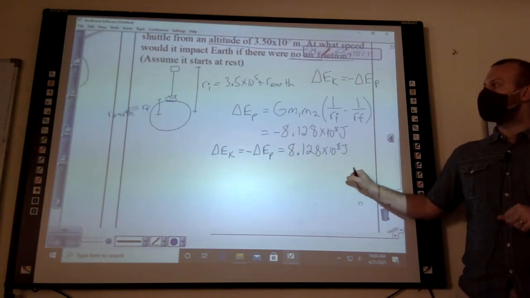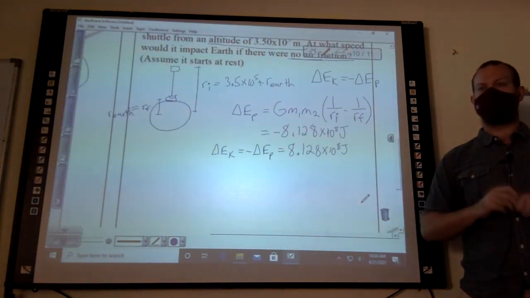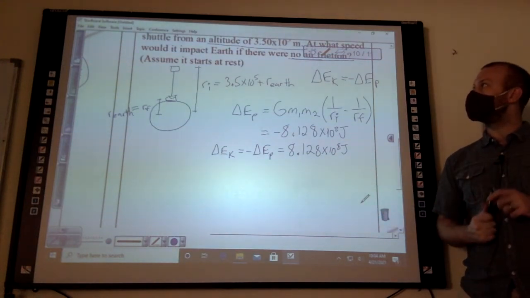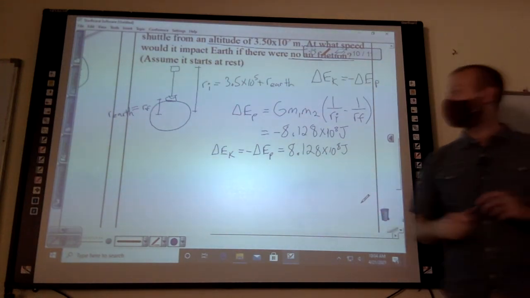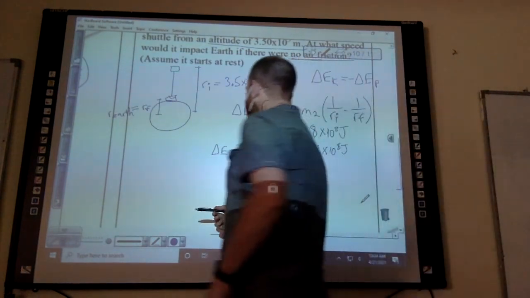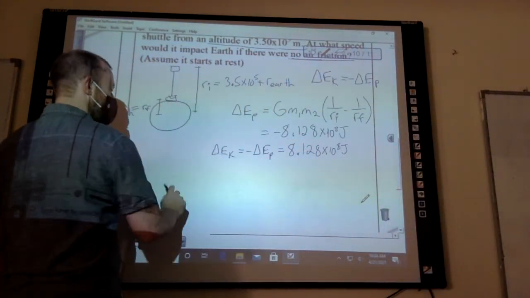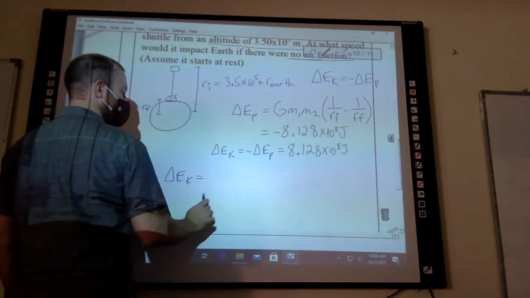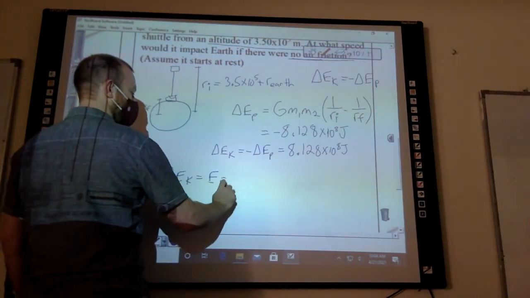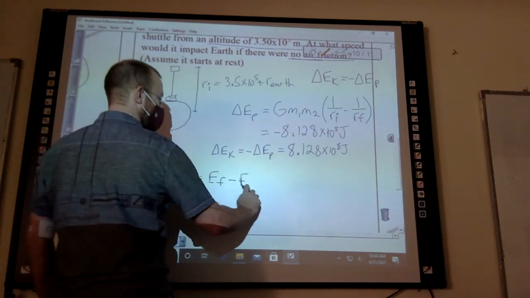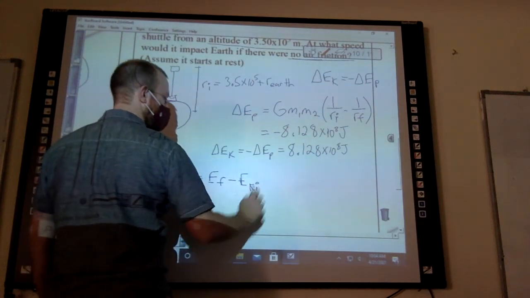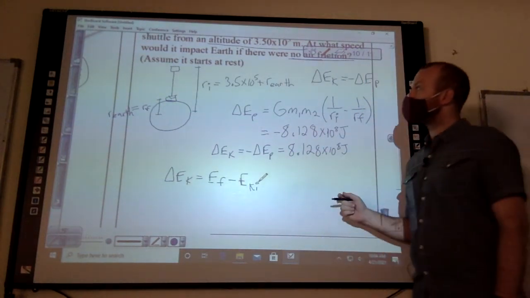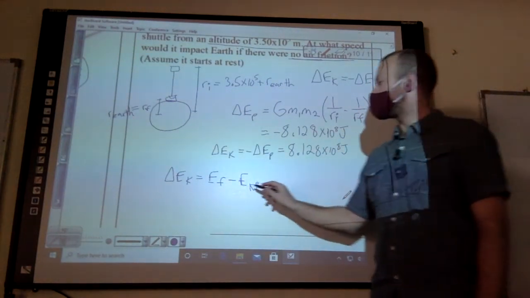Any guesses where I'm going to go from there? Yeah, so I have a change in kinetic energy. I want the final speed. So now we know change in EK, and change in EK is equal to EK final minus EK initial. What's my EK initial? 0. I start at rest.